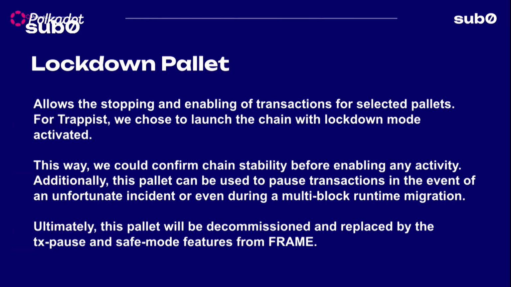Something I wanted to mention as well is that we are planning to decommission this pallet, and we are going to use the transaction pause and the safe mode that are going to be included in Frame. No, I think it's included already. So we need to turn down this pallet and implement these two new pallets which came from Frame.